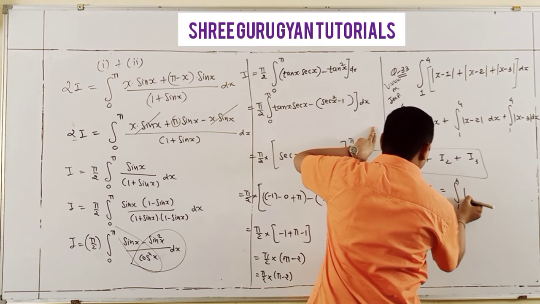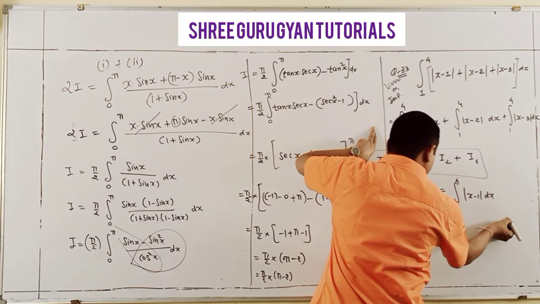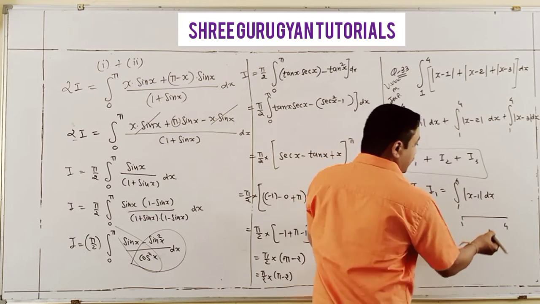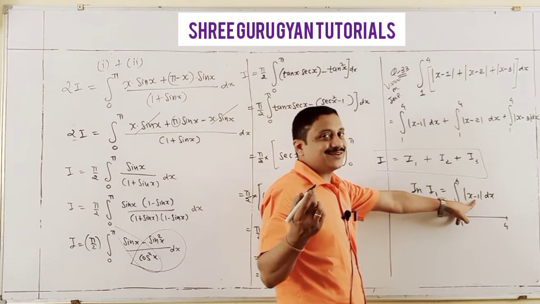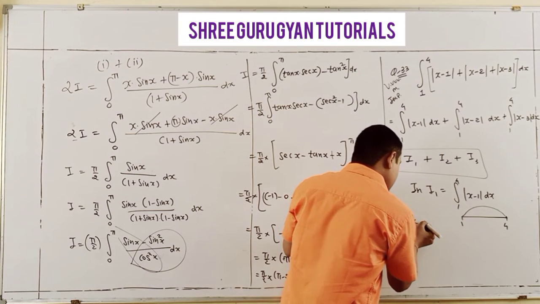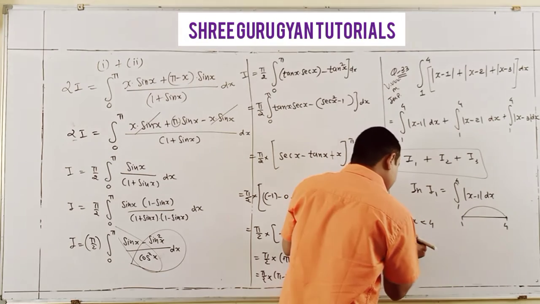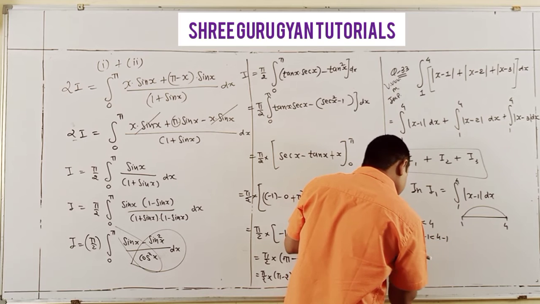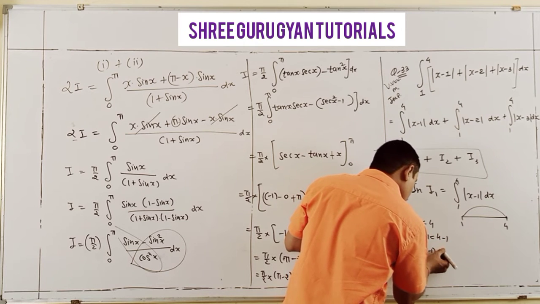1 to 4, students, you can take the limits 1 to 4, and x minus 1 equal to 0 definitely gives x equal to 1, so no partition, 1 less than x less than 4. Subtracting 1, I get 0 to 3.